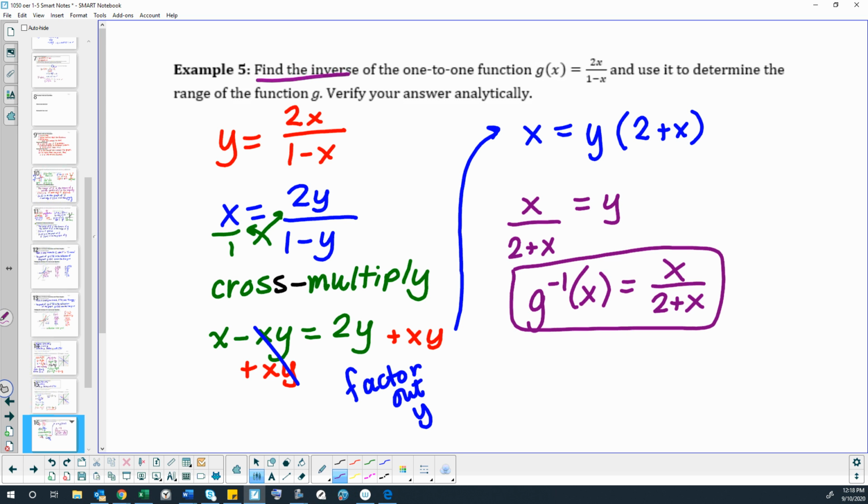Okay, we're using that to find the range, right? So remember, the range of the original function is the domain of our new function. So let's think about the domain. What can x not be? 1. So in our original problem, x couldn't be 1.